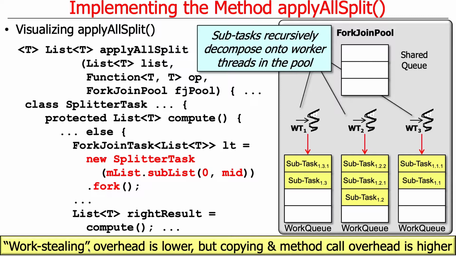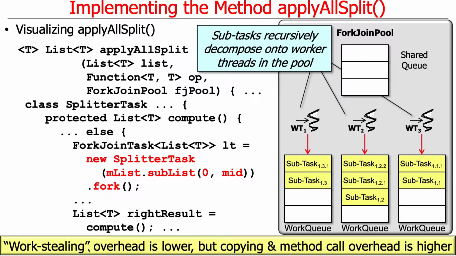And then the recursive decomposition will start to happen. As you can see here, things will get split up into these subtasks. Task 1 will be split up into subtasks, and those will end up being distributed across the different threads in the pool.